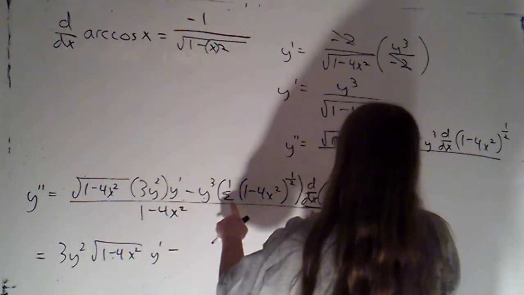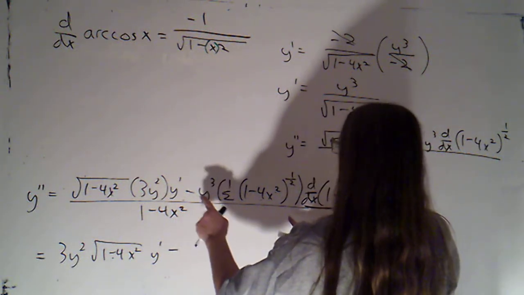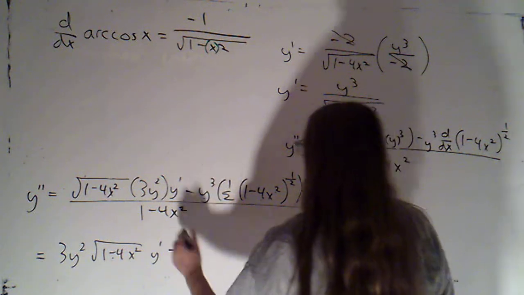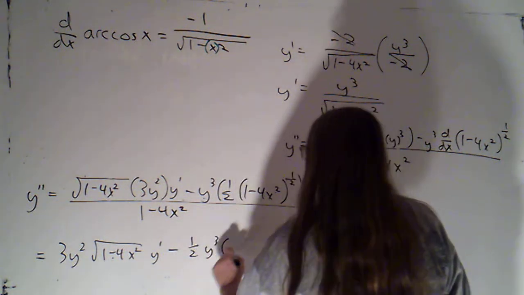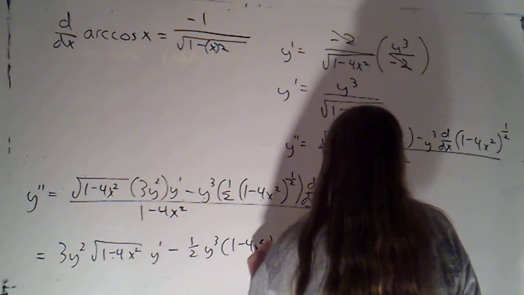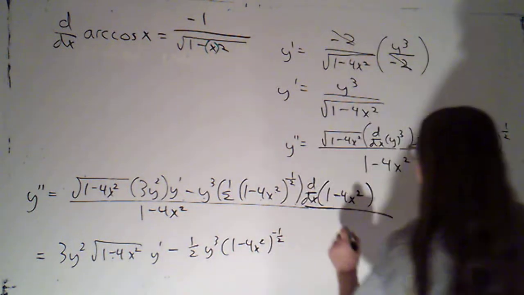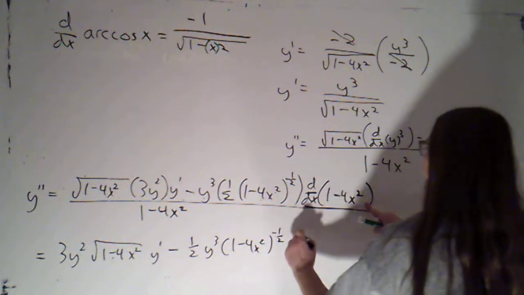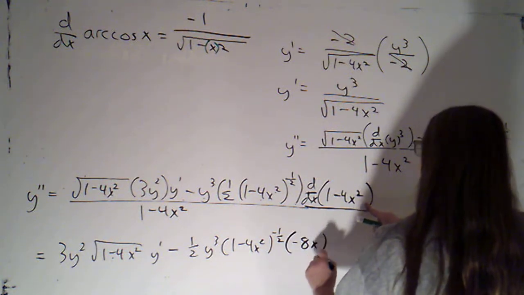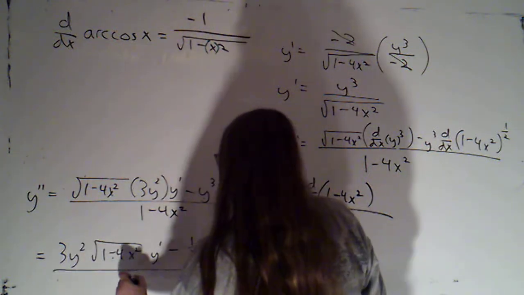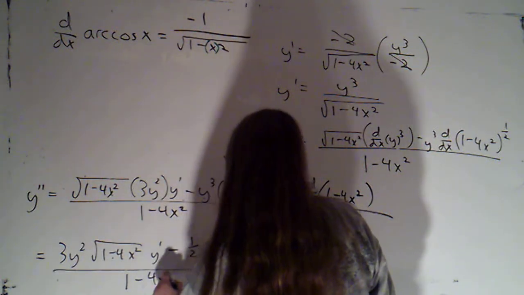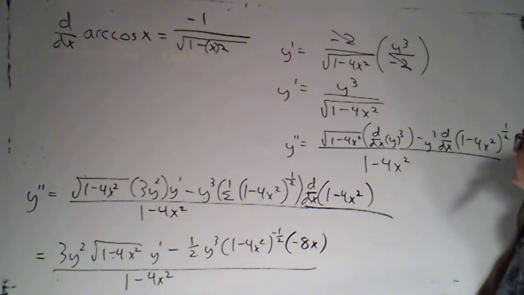Minus, let's bump the 1/2 to the front, 1/2 y cubed, 1 minus 4x squared to the negative 1/2 times the derivative here, which will be negative 8x, and then that's all over 1 minus 4x squared.